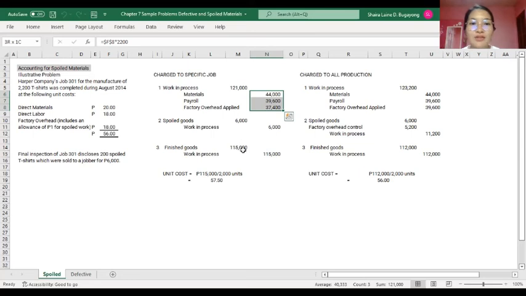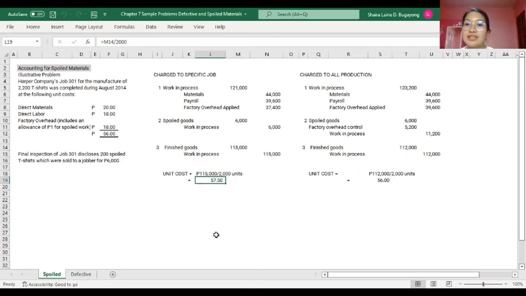So meaning ang finished goods na dayon. Assume completed tanan would be 121 minus ang spoiled goods na 6,000. So 115 na lang. But 2,000 na lang ka units ang imuhang bilin, kaya na-spoiled man ang 200. So, the unit cost is 57.50.